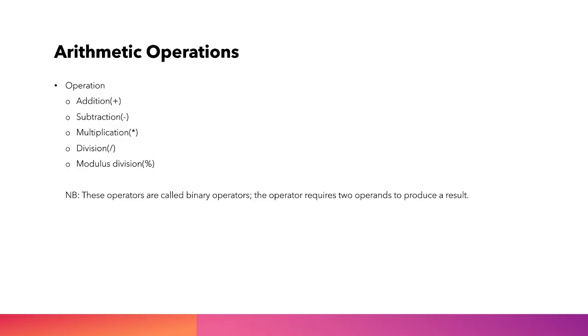If I remove the unary one, the operator requires two, which means each and every operator requires two operands, like 1 plus 1 or A plus B. It's always 2. They are binary, which comes from 2.